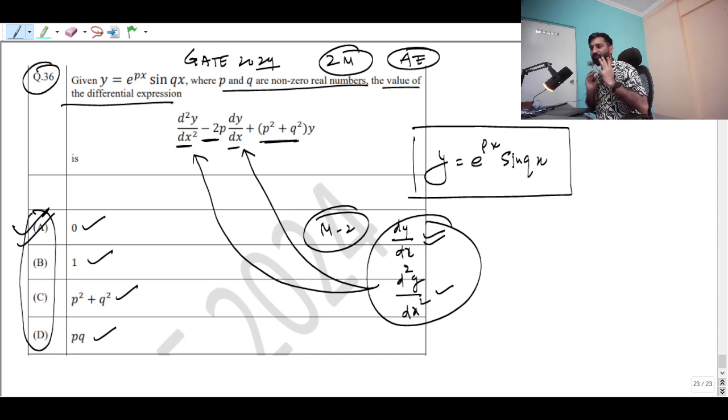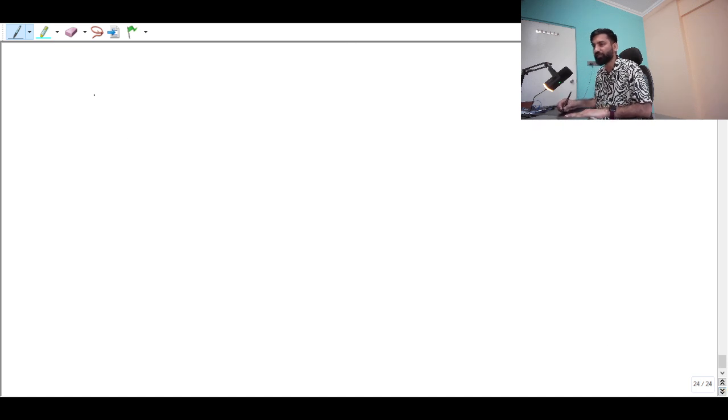This question was very easy, where you don't have to solve step by step, because many of you might get lost in the mathematics. If you have attended my class, you should be able to identify that this function is quite special: y equals e raised to power px sine qx. You can write this as e raised to power px times f of x.